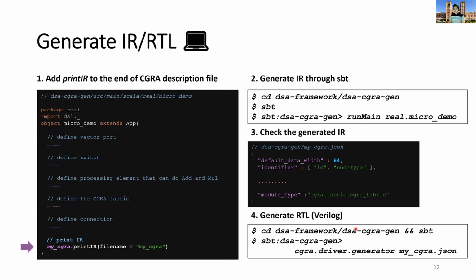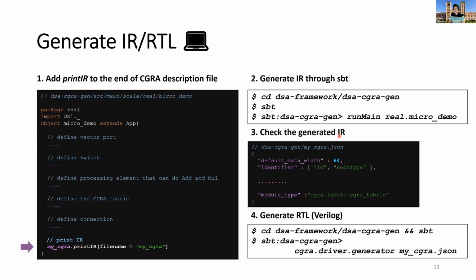And then we want to actually generate the Verilog out of the IR. Yeah, when you say IR, you're basically talking about the ADG, right? Yeah, that's the same thing. The IR is intermediate representation, and the ADG is architecture description graph, and they are the same thing.